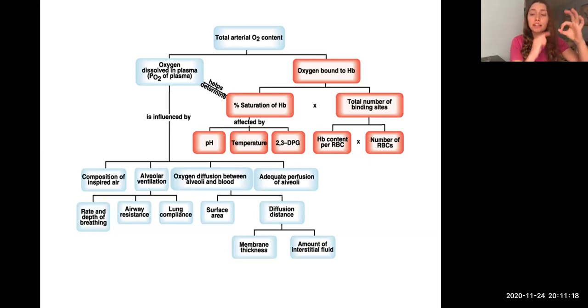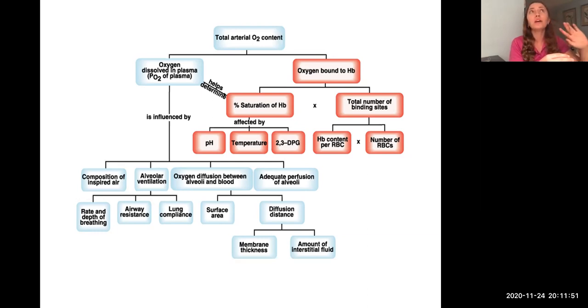And if that is significantly lower, let's just say you have 105 millimeters of mercury in the alveoli and there's 80 in the bloodstream, that's low. That's bad. We don't want that because that's very low.